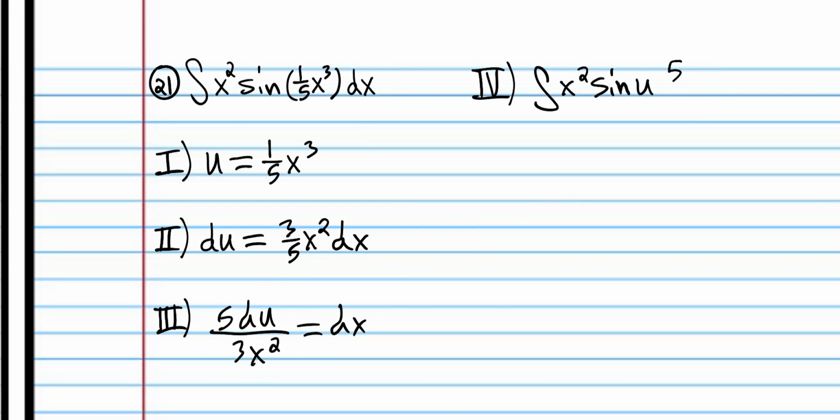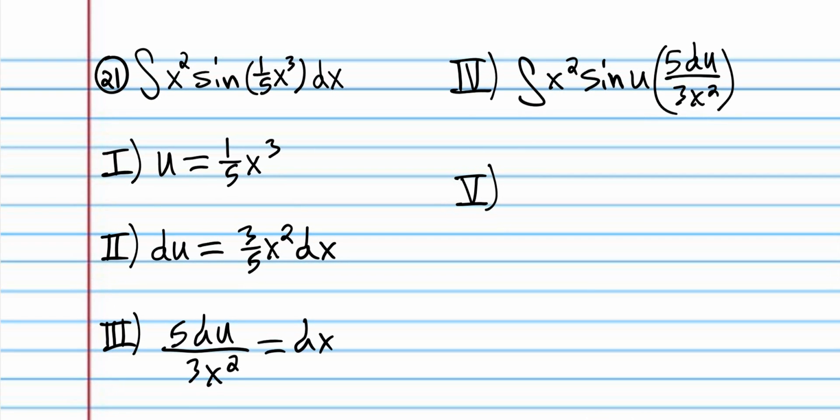That's 5 du over 3x squared. Step 5 is to cancel out the x's if we can, and it looks like we can, so the x squareds cancel out.